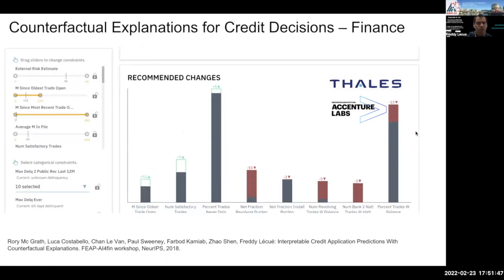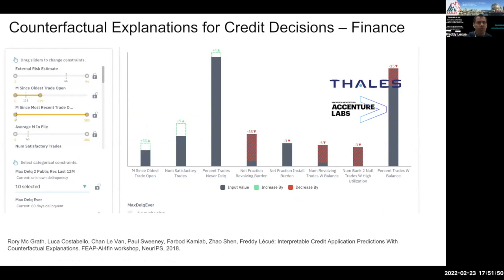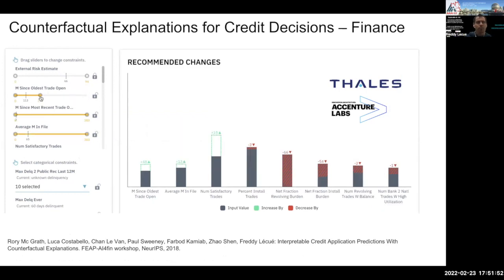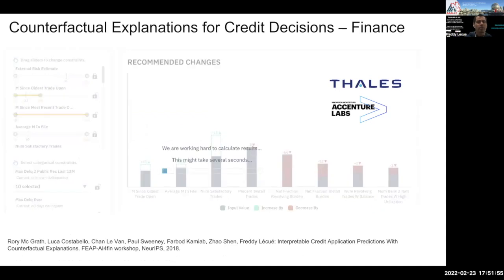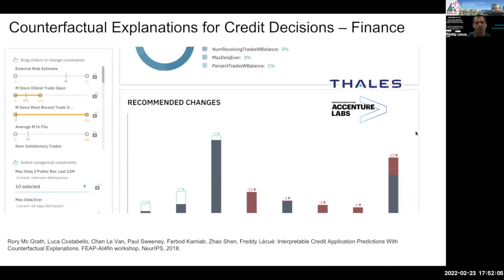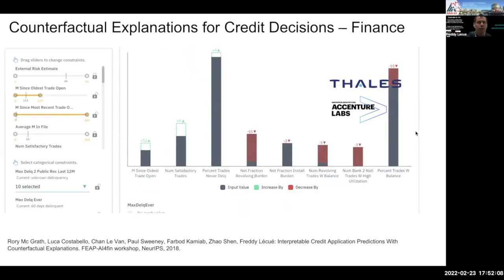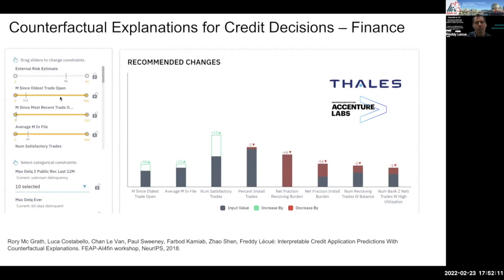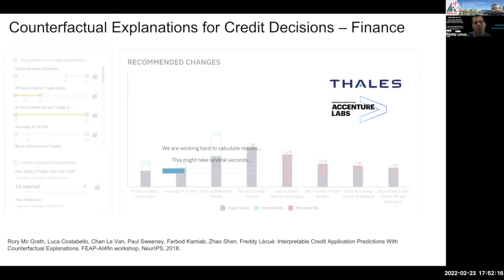Here is what you see: the different features describing the history of a person, and then you decide whether to approve or disapprove a credit application, and those features that you see on the left can be changed. So basically you end up with a recommendation, and if that recommendation is wrong, counterfactual is really what can you change to make it right.